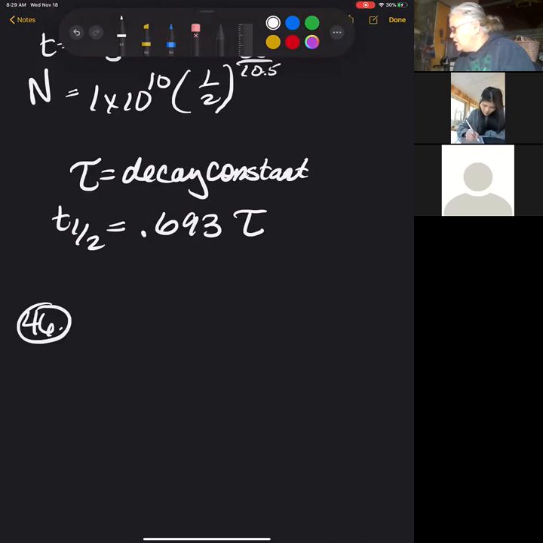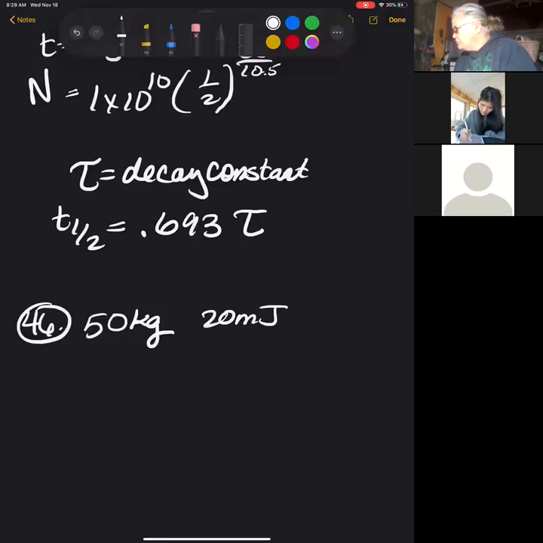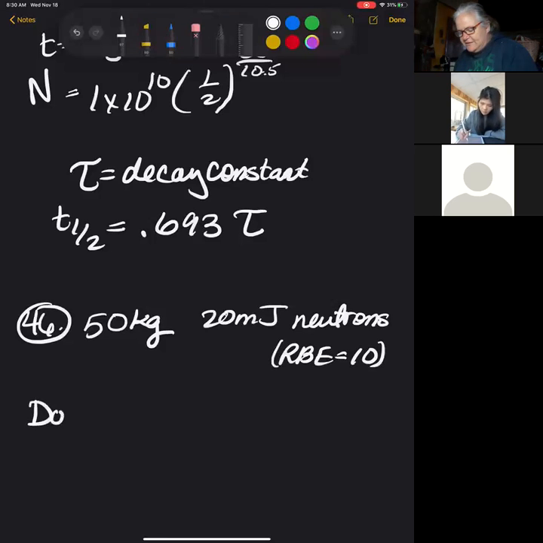It says a 50 kilogram nuclear plant worker, so the mass of the person is 50 kilograms, is exposed to 20 millijoules of neutrons. And the neutrons have an RBE factor of 10. We'll need that in a minute. They want me to find the dose in sieverts.